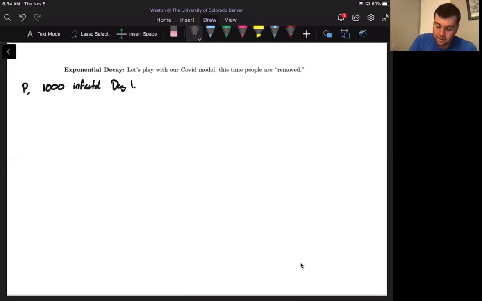Each day a person infected has a 1 in 20 chance of infecting someone. So that's our infecting rate. And now we're going to add that our infectious period is 4 days.